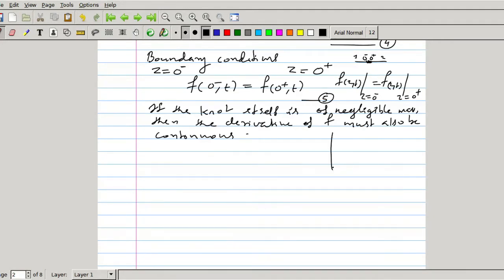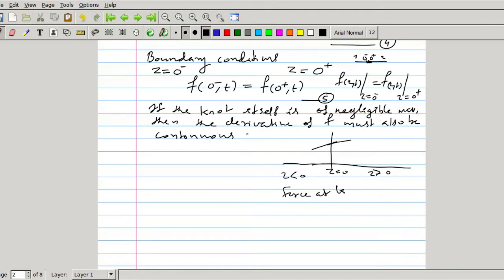If it is continuous, then we will have a diagram like this. This is at z equal to 0. This is z greater than 0 and this one is z less than 0. If the string is displaced like this, then the slope at 0 minus is the same as the slope at 0 plus. If the mass of the knot is 0, then naturally the force at the knot will be 0.